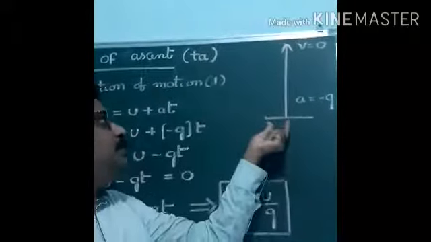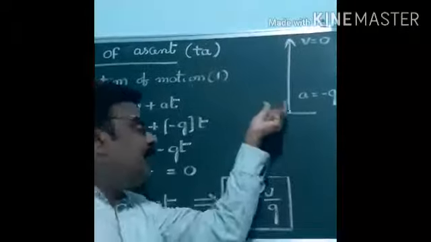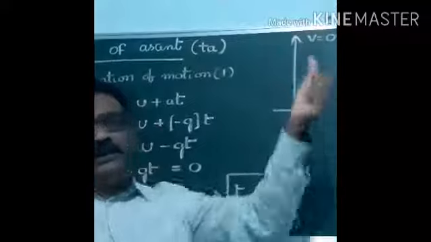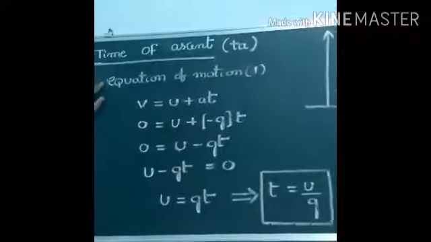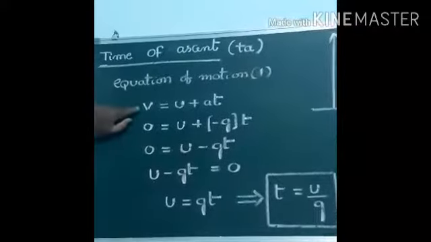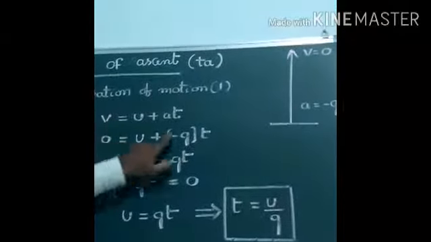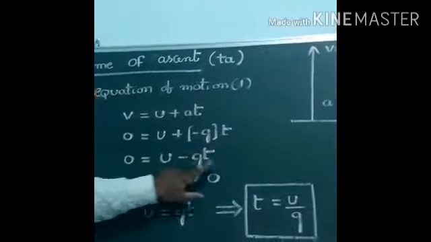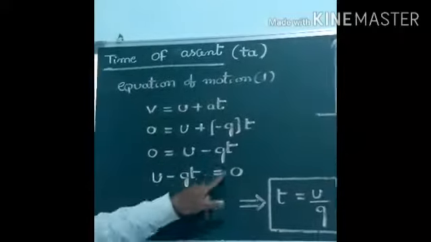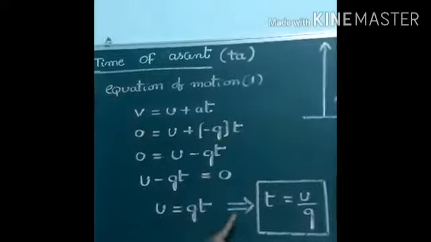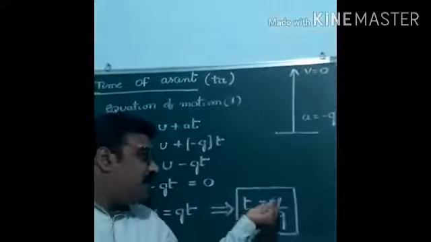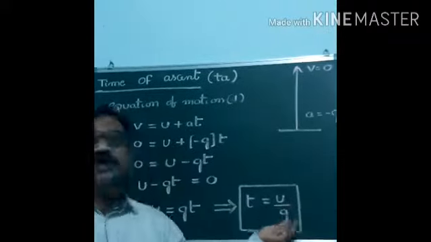Because the object's motion is upwards and gravity is downwards, both are opposite. Take equation of motion number 1, V equal to U plus AT. Substitute 0 equal to U, and A means minus g, so U minus GT equal to 0, U equal to GT, and T equal to U by G. So the time of ascent formula is initial velocity by acceleration due to gravity.